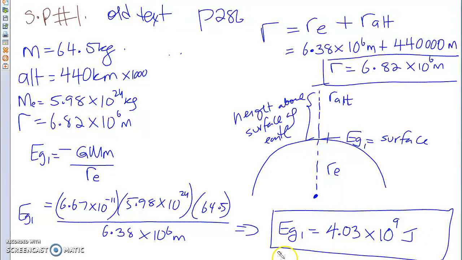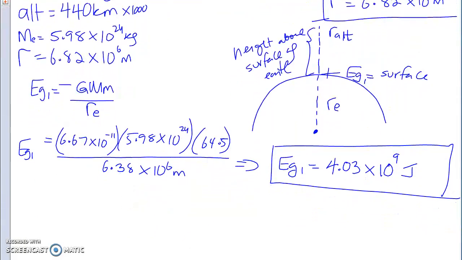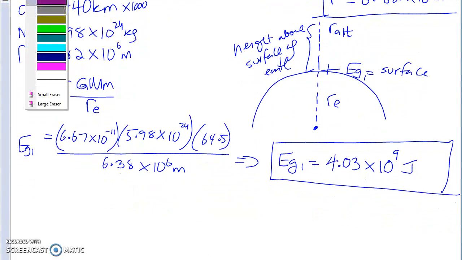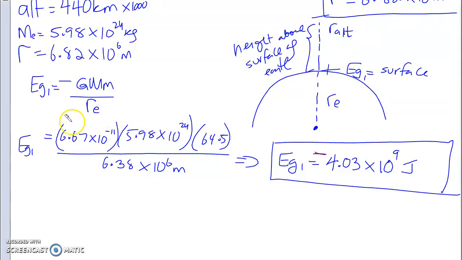We're talking about billions of joules of energy, and that's just for the astronaut. And yes, negative every time.